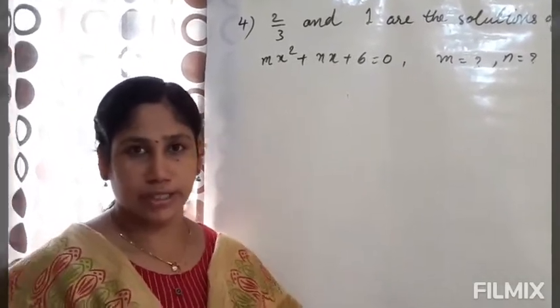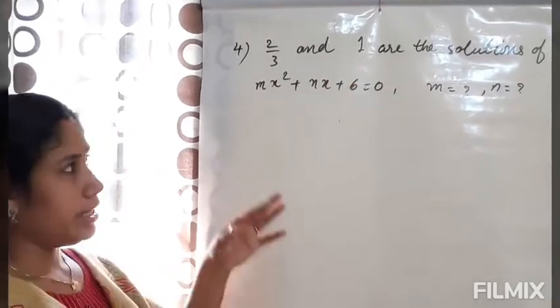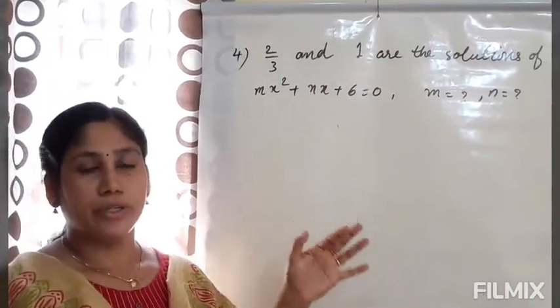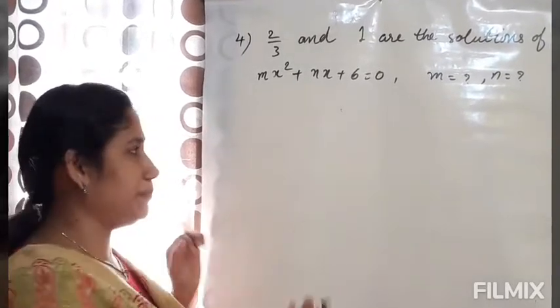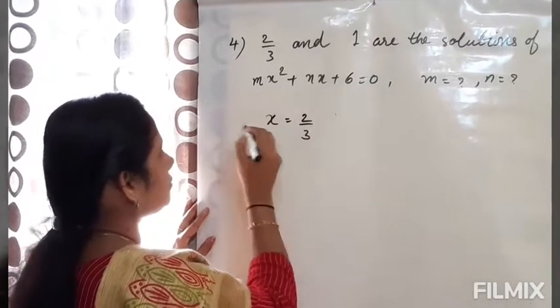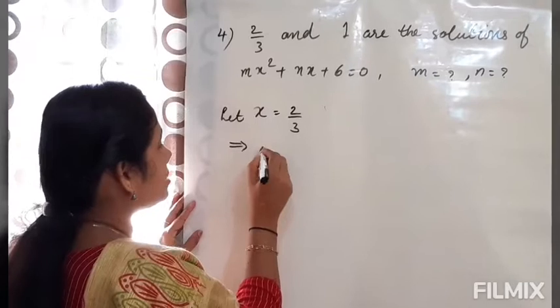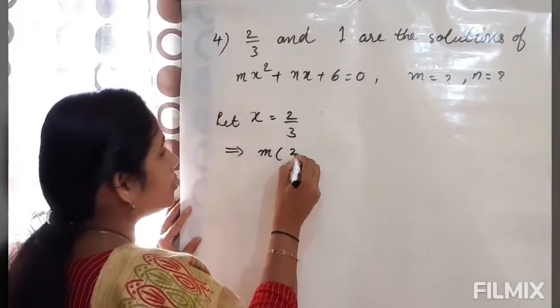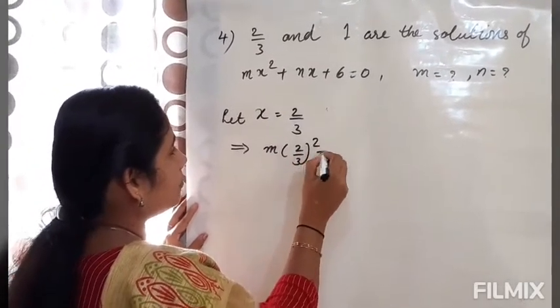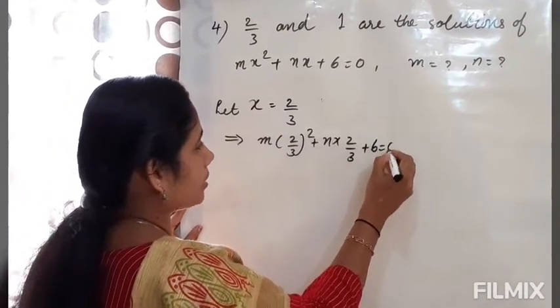How can we calculate this? It is given these are the solutions. That means for the x values we can apply 2 by 3 and 1. So let us take x is equal to 2 by 3. So we can write the equation as m into 2 by 3 square plus n into 2 by 3 plus 6 equal to 0.